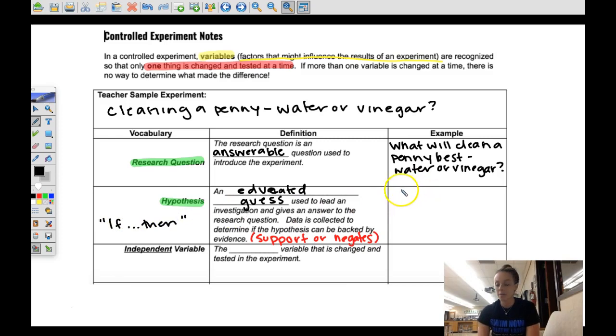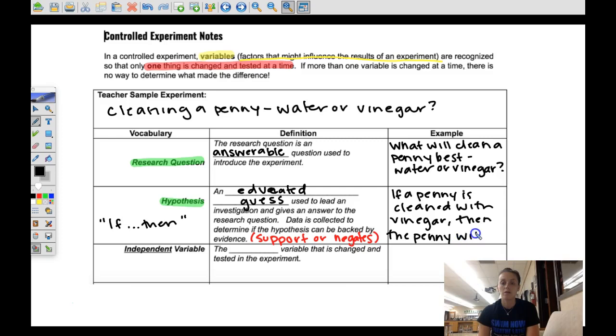So an example hypothesis in this particular experiment would be if a penny is cleaned with vinegar, then the penny will be shinier than before.